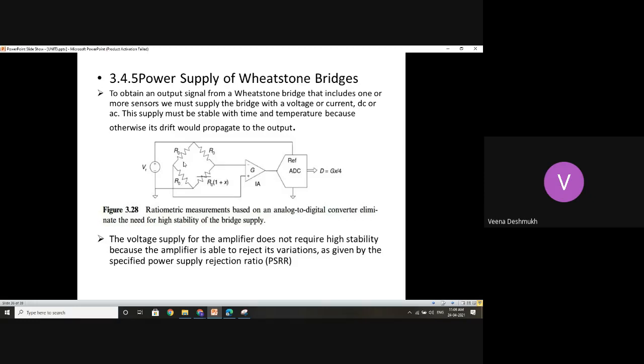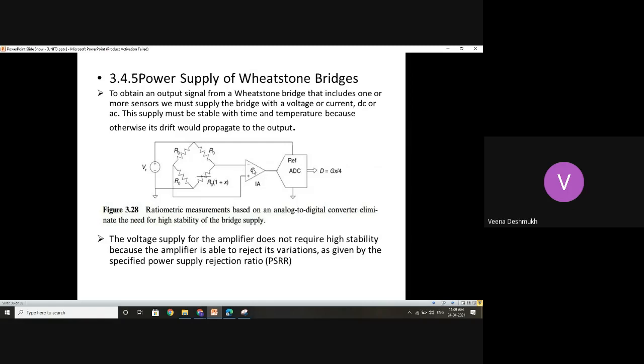Now under such cases, what is happening here is the imbalance in the bridge is happening because this power supply which is supplying the power to the bridge is getting varied. So this is not due to the variation in the thermal levels or the temperature levels for which the sensor is connected.